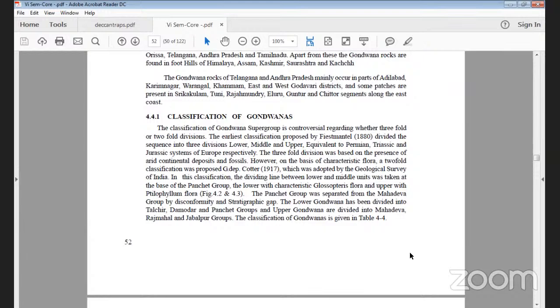The twofold classification was proposed by G.D.P. Carter in 1970 and adopted by the Geological Survey of India.